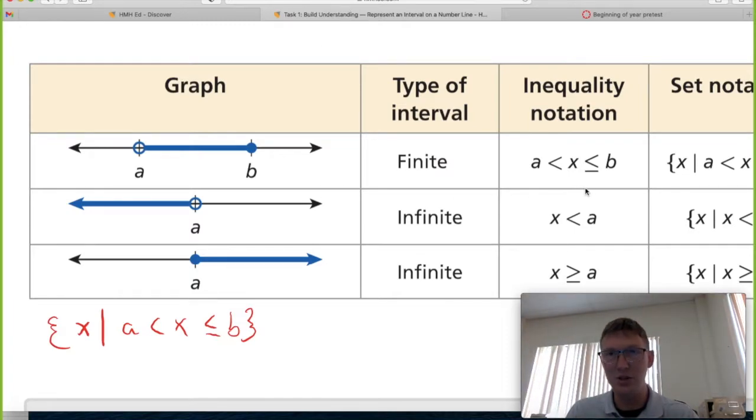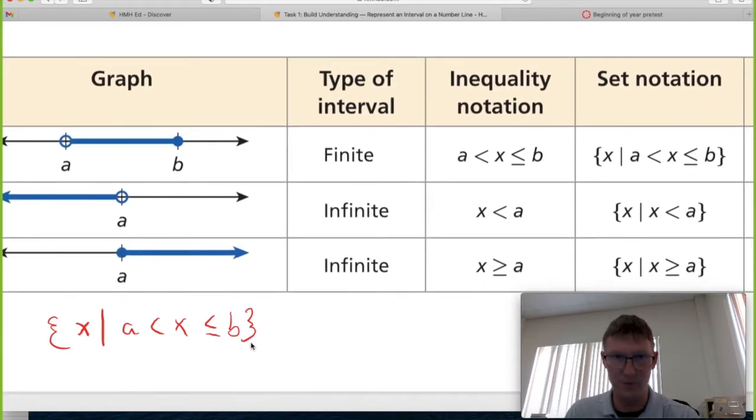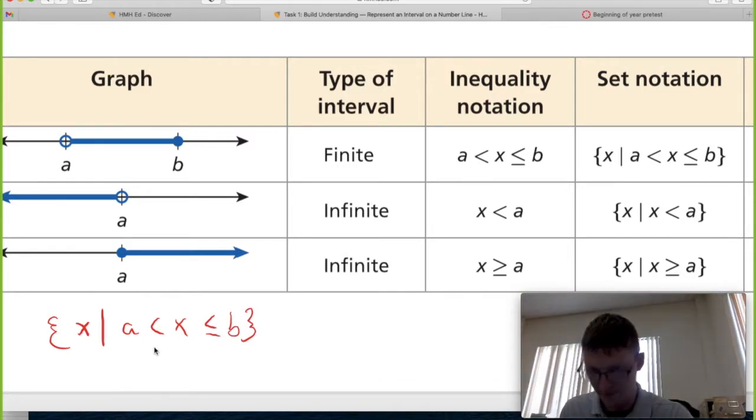Again, it should look a little bit familiar with the inequality notation, but it's just a little bit more precise because it uses the curly brackets, which indicates you are dealing with a set of numbers, and that set of numbers is inside of this interval on the number line. So that is set notation. Again, we won't be using set notation that much in this class, but for this lesson, you need to know how to do it. Ha ha.